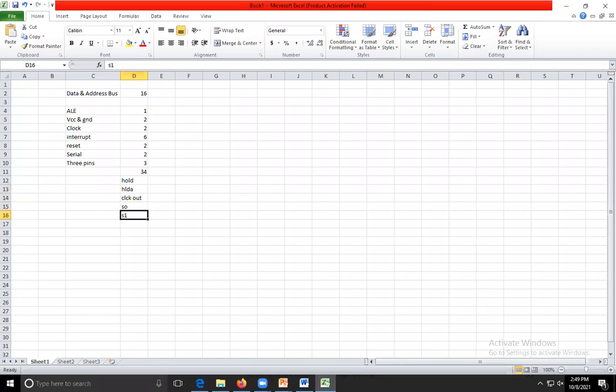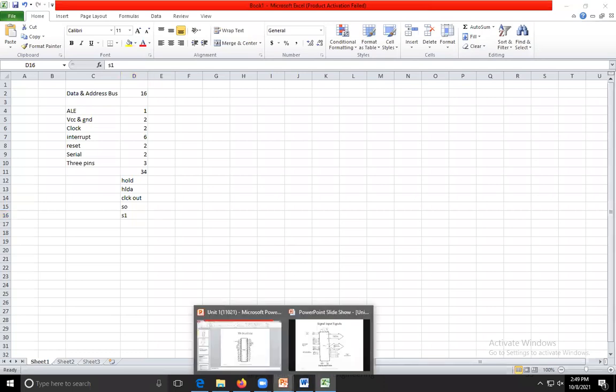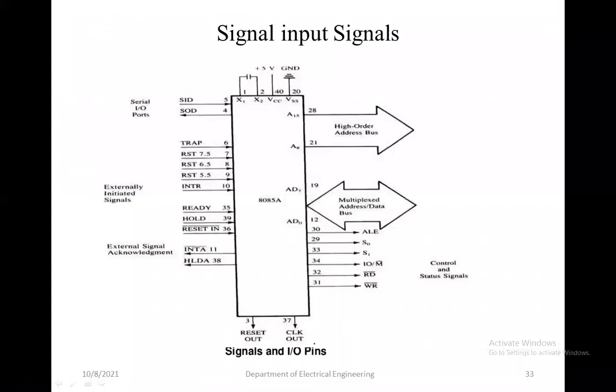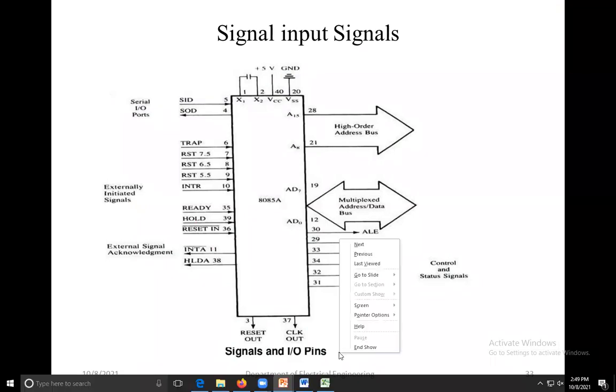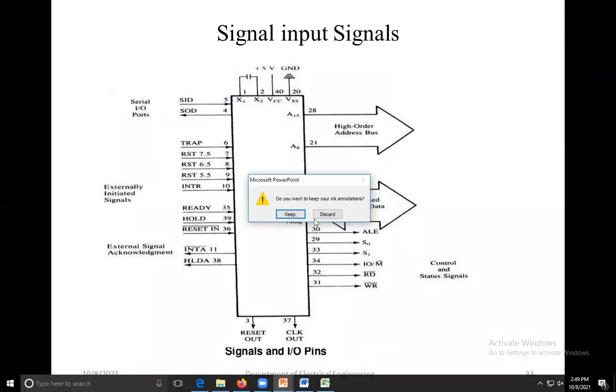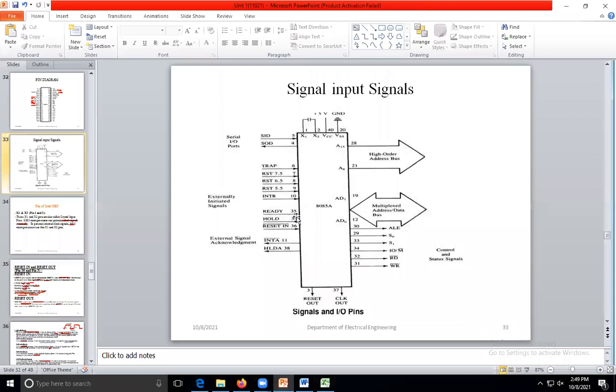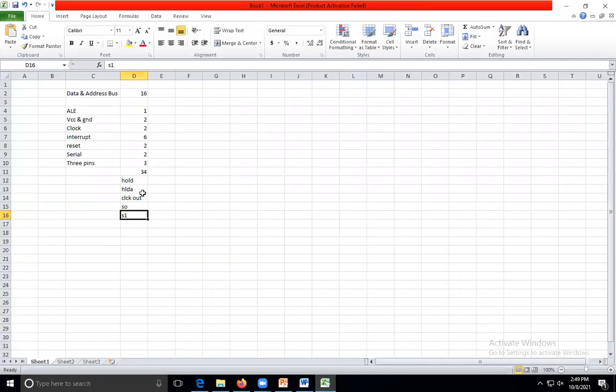Which one pin is remaining? HOLD, HLDA, clock out, clock in, S0, S1.